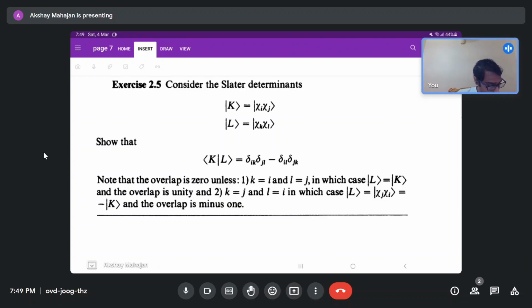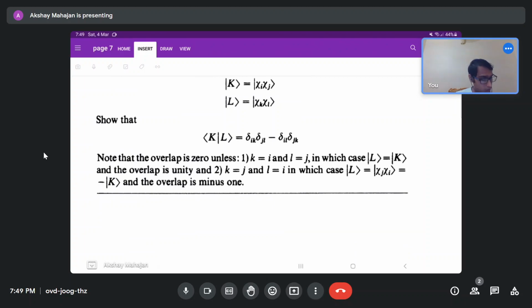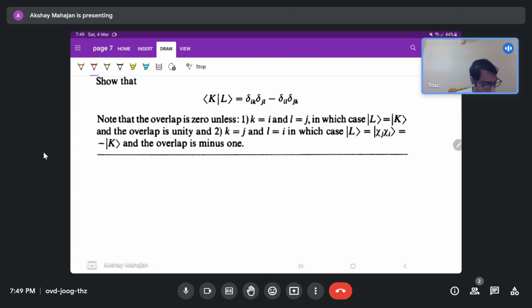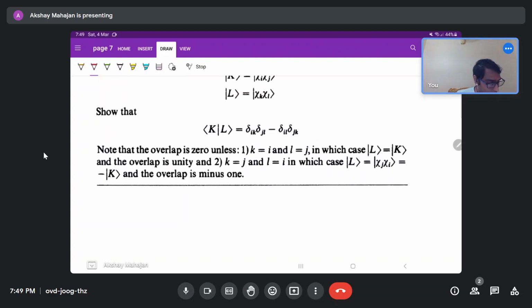Consider the Slater determinants. We have a Slater determinant chi i, chi j, and then we have another with chi k, chi l. These are the different spin orbitals we can consider, and all these spin orbitals are orthonormal. Now we have to show that the overlap comes like this. Note that the overlap is 0 unless k equals i and l equals j.